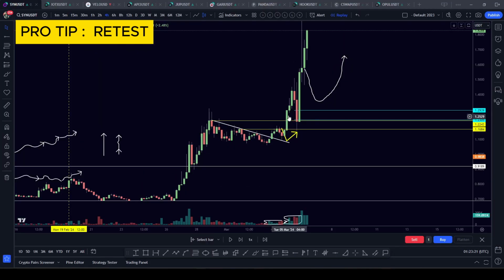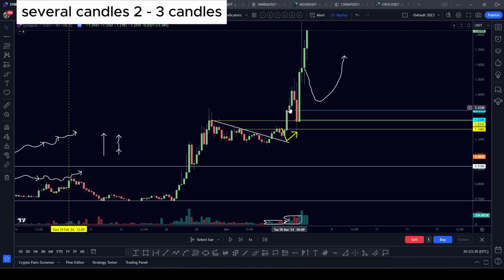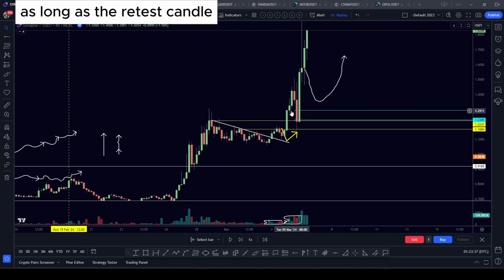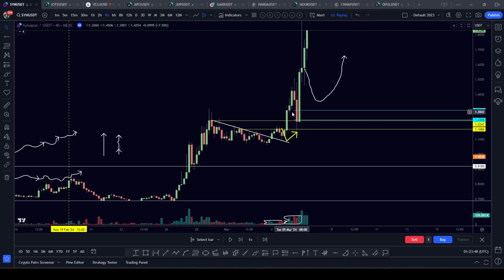My definition of a retest, a successful retest, is the very next candle, or if you want to be safer, several candles, 2, 3 candles, after the breakout, as long as the retest candle does not break below the area of previous resistance. As long as it stays above this level, this is a successful retest. The more candles that do not break the area below, the stronger the retest.